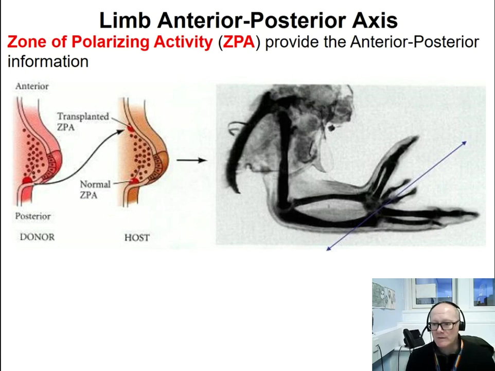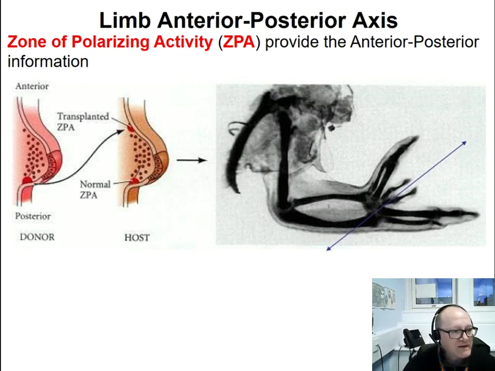But how do we know that that's the case? Well, one of the first experiments that proved that the zone of polarizing activity is indeed important to establish an anterior-posterior axis is a grafting experiment, or transplant experiment, which is demonstrated here in this picture.